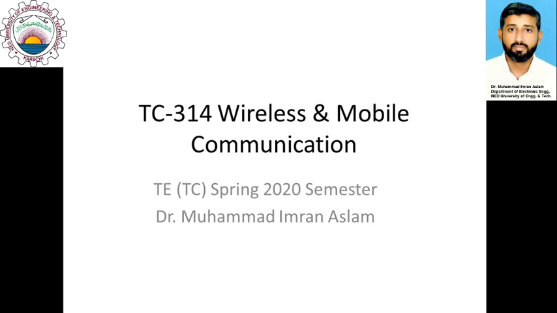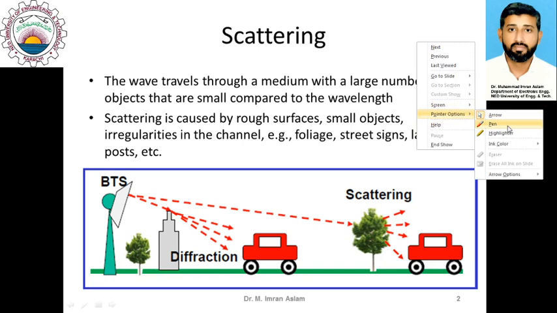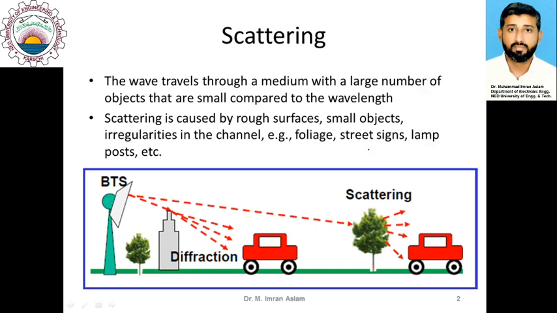Now let us continue our discussion on this path loss modeling and include another important aspect, which is the third phenomenon related to propagation of the electromagnetic field, and that phenomenon is called scattering. Scattering refers to dispersion of the wave in different directions whenever the wave hits some irregular object, for example, as illustrated in this diagram.